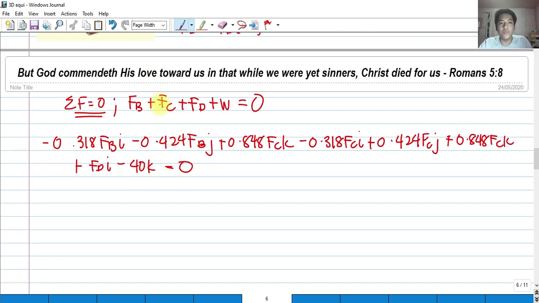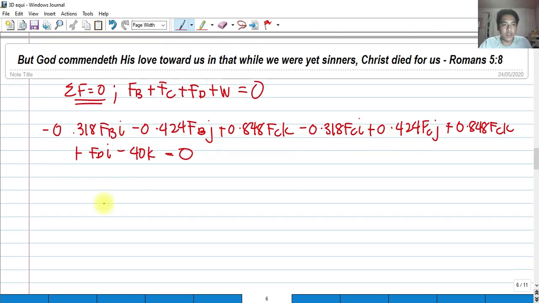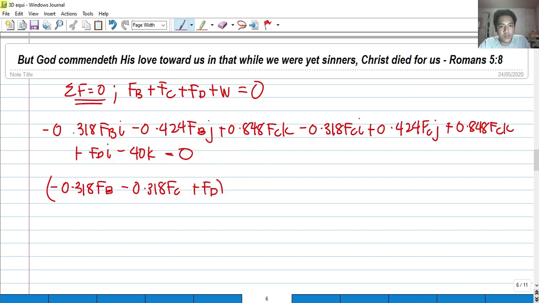So we're going to group all in terms of i, j, and k. We have negative 0.318 F sub B, then negative 0.318 F sub C for the i, and then plus F sub D in the i direction.